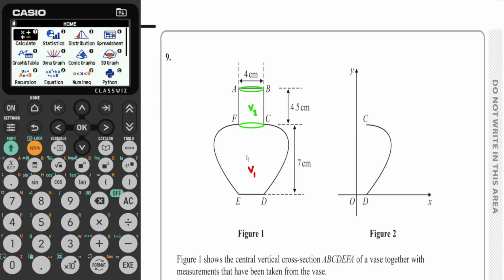This is a cylinder, and this shape we can find the volume of by using the volume of revolution. We rotate CD about the y-axis, and in doing so we end up with this volume V1.